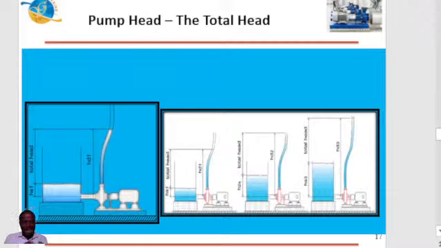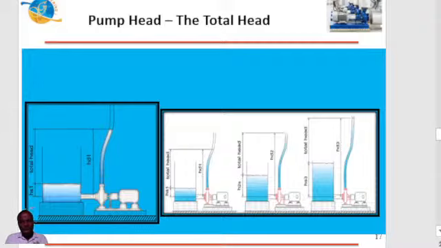Now, there is another. So we've looked at the pump head. I mentioned that the height to which the pump can raise the water is called the pump head. And I told you that as your suction tank level varies, it directly affects the potential energy of the liquid available at the pump suction.